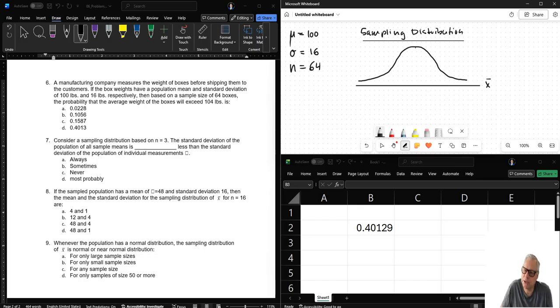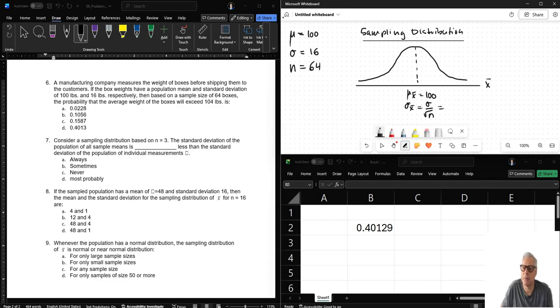But what we know is that in the sampling distribution, the mean of the sampling distribution is equal to the population mean, and the standard error or the standard deviation of those sampling means is equal to the population standard deviation over the square root of n.